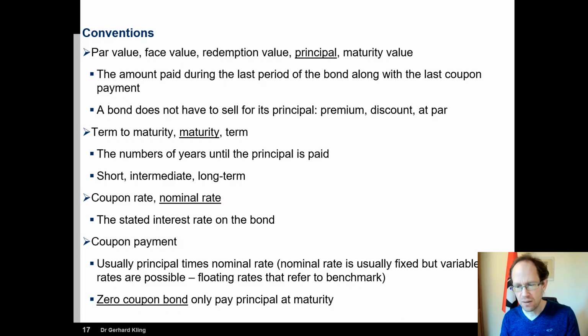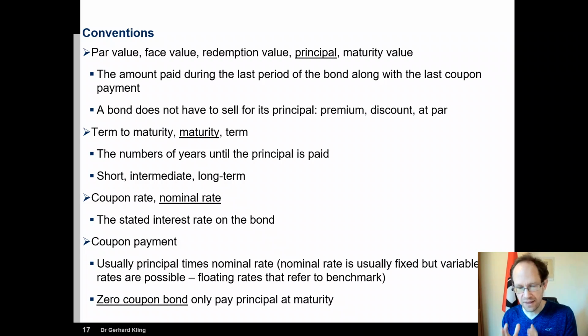Now, there are many conventions in terms of naming conventions, and also conventions in terms of how prices are calculated. Now, first of all, the par value or face value or redemption value, principal, maturity value, all of these terms mean the same thing. They refer to the amount that is repaid, usually at the end of the period at maturity, sometimes throughout the period.